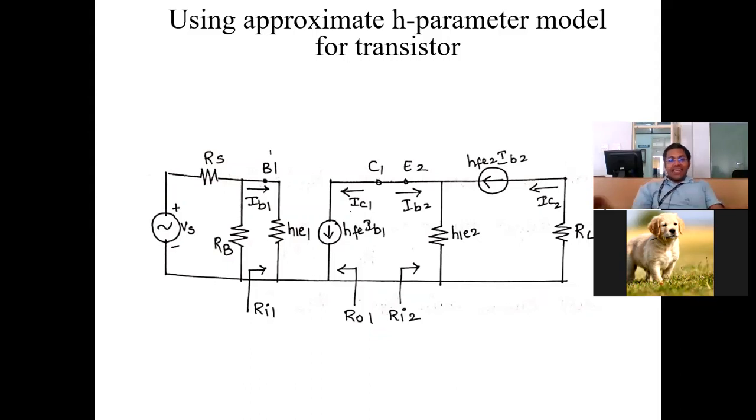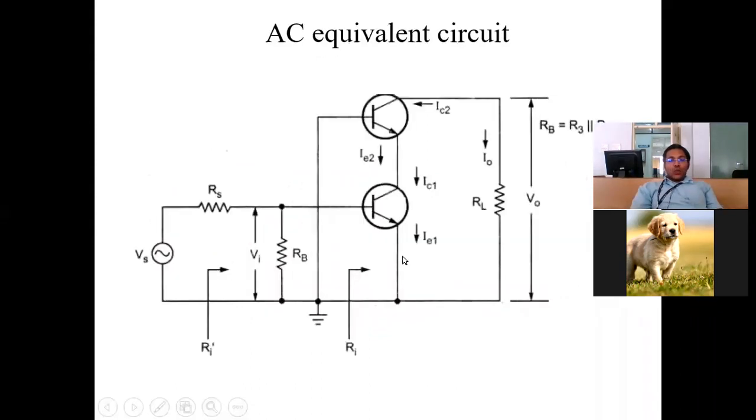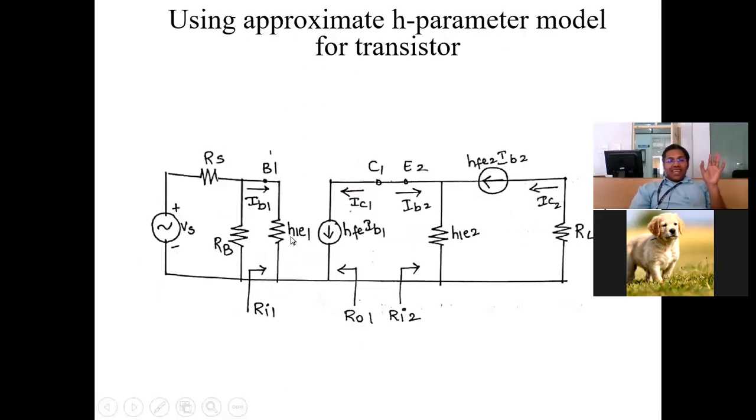Now for simplicity, let us take that the two transistors are identical. Identical means the parameters are the same. Instead of taking HIE1, HIE2, I can simply take both as HIE. I will replace 1 and 2 with the same value.